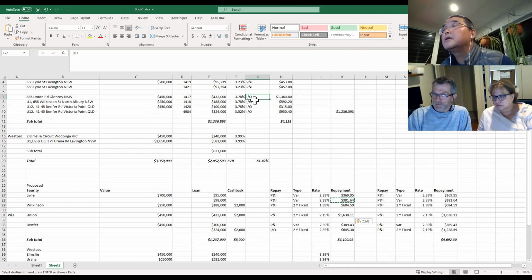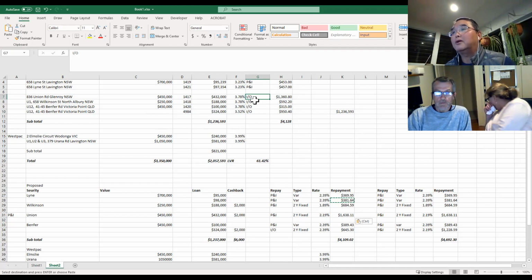If this 2 year fixed interest only expires and you roll to another interest only term, when that term expires, they will reassess your loan. If it's P&I, they don't. They just roll to whatever product you want. But if you roll to or keep it as interest only, they have to reassess.